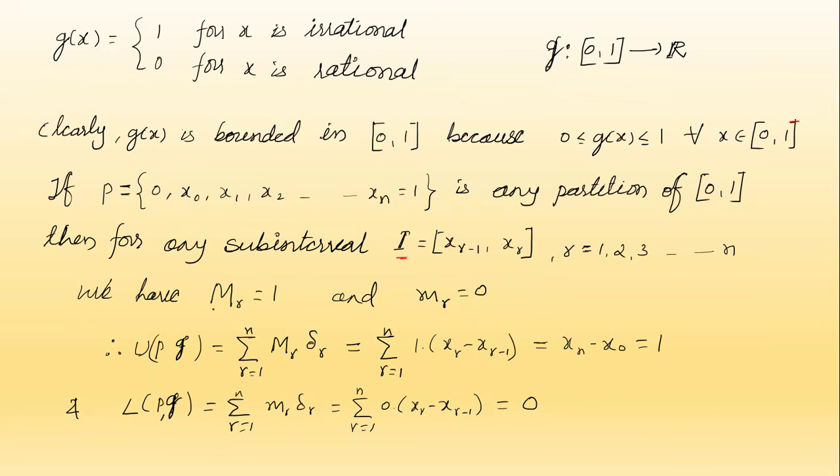we have supremum equal to 1 and infimum equal to 0. Now we know that upper Darboux sum of g is equal to summation r running from 1 to n of supremum M_r into delta r, where delta r means x_r minus x_(r-1).